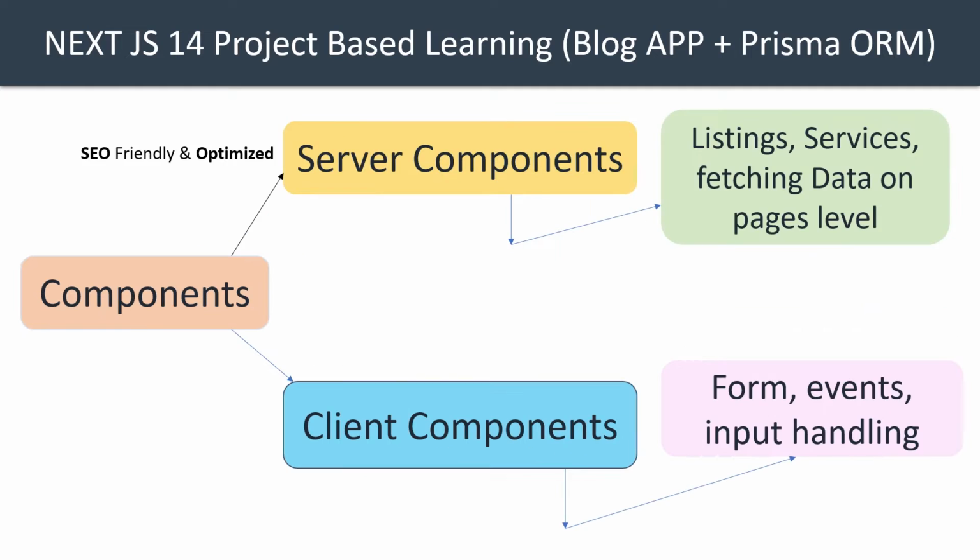So this is a Next.js 14 project. You have to understand how the component structure works. Previously in React projects, we used to work with React components, all of which are client components. All of them run on JavaScript in the browser. But the problem is with SEO. We didn't have good quality SEO, and when the Google crawler searched for your content on your website, it didn't find any content when you loaded the application.